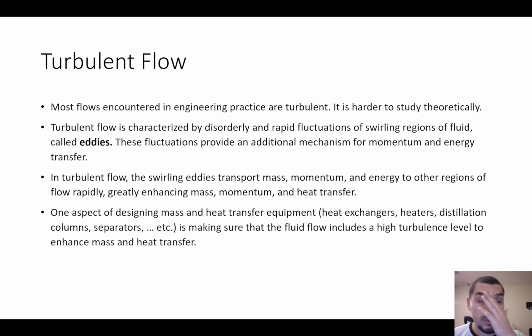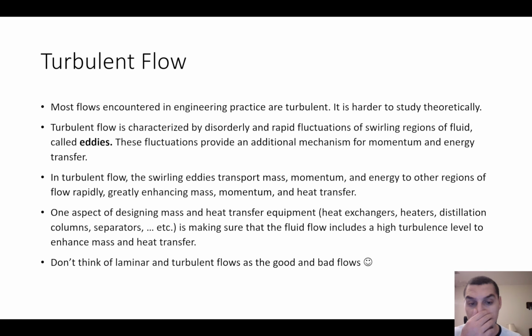Otherwise, the equipment that we are using will have to be with a very large surface area if it's heat transfer equipment, or with a very large size if it's a distillation column, to achieve the desired heat and mass transfer. I think I mentioned this before, that laminar flow looks much nicer than turbulent flow, but it doesn't mean that turbulent flow is a bad flow. Turbulent flow is a very useful flow for us.